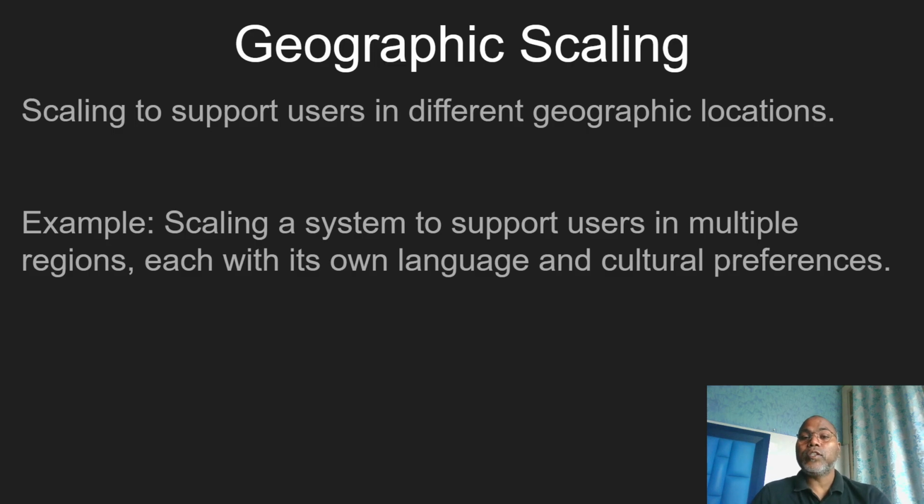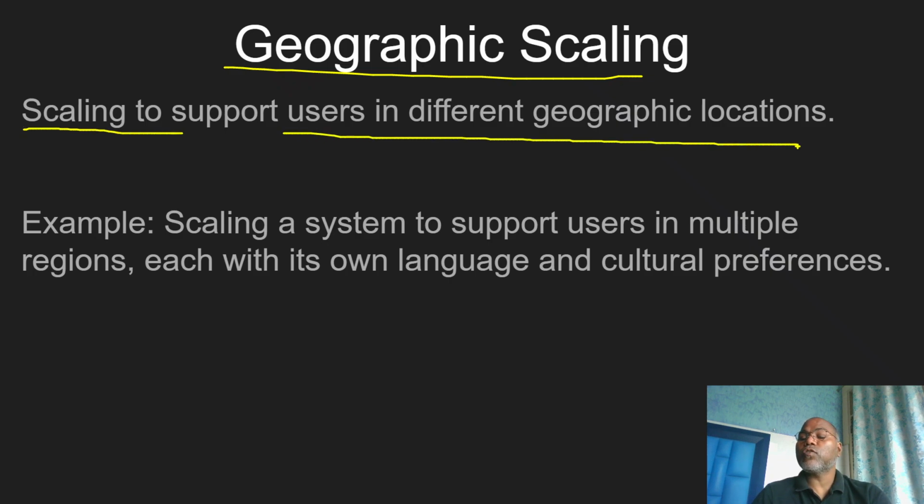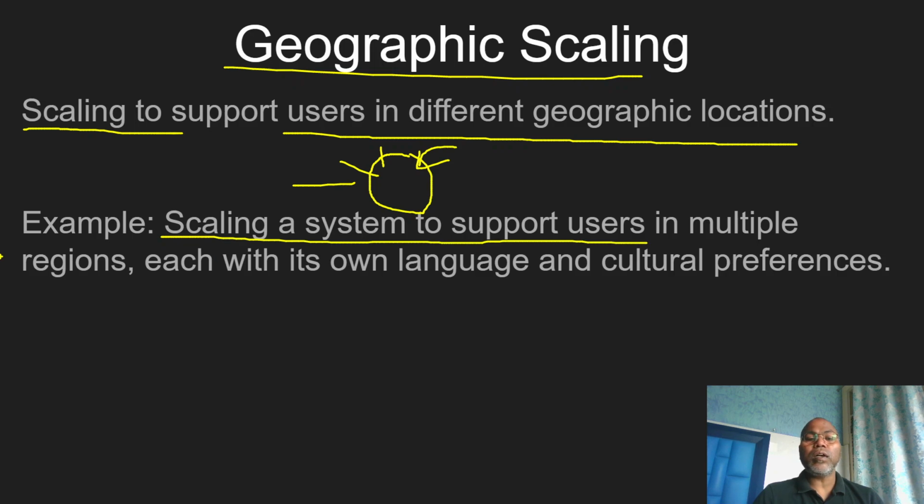Similarly, there is geographic scaling, which means your application might support users in different geographical locations. You are building an application that may be accessed across the north, the south, or different continents, so you have to support them. Our system should be scaled to support users in multiple regions with their own language and cultural preferences.